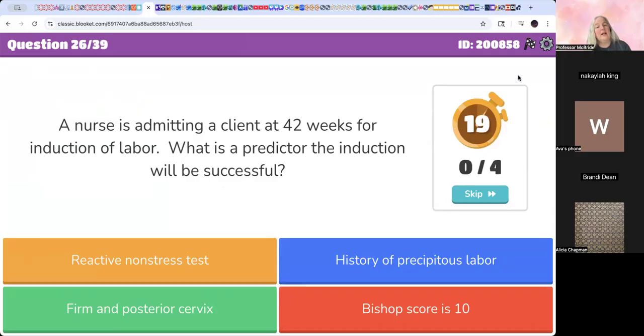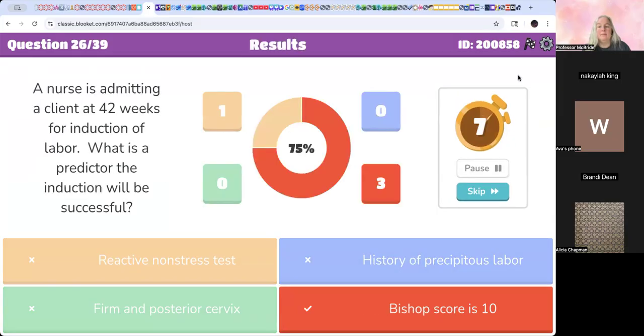A nurse is admitting a client at 42 weeks for an induction of labor. What is a predictor that the induction will be successful? Okay, so 3 of you answered Bishop's score.